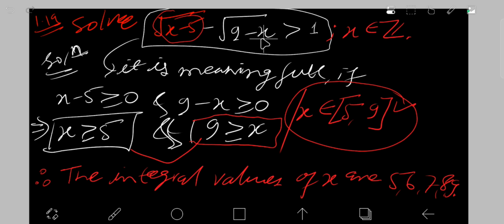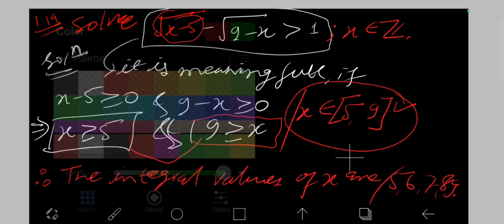This is not greater than 1, so minus 2 is not greater than 1, which means this is incorrect. So 5 is not a solution of this inequality.